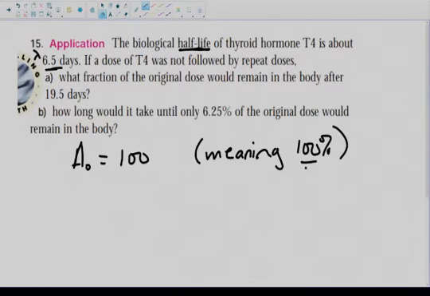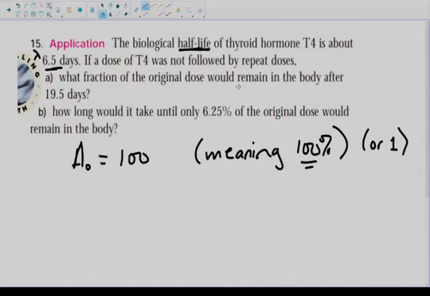Be careful, this is not the percentage for the rate. This is the percentage for our original amount. And I'm going to write in brackets here, you can use 1 if you want. It's your choice. If they don't tell you what the original amount is, I like to use 100 because it reminds me that I'm starting with 100% of the material.